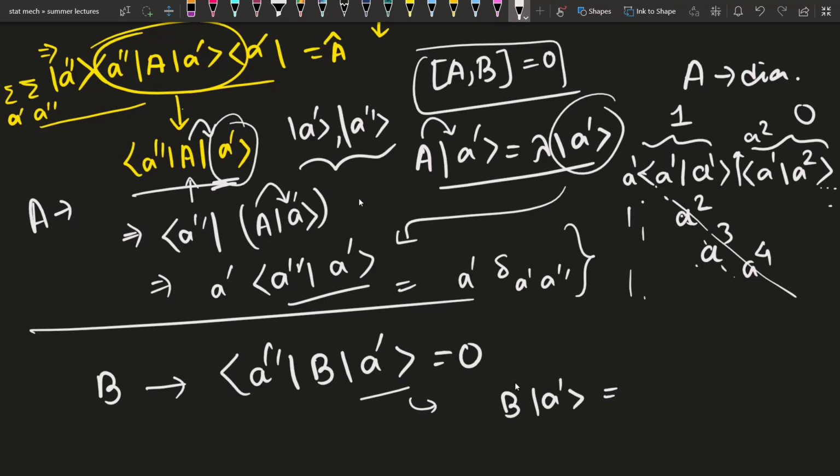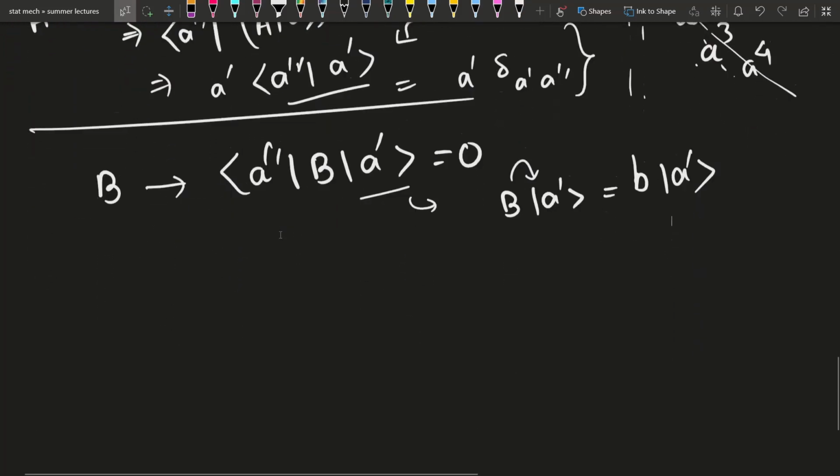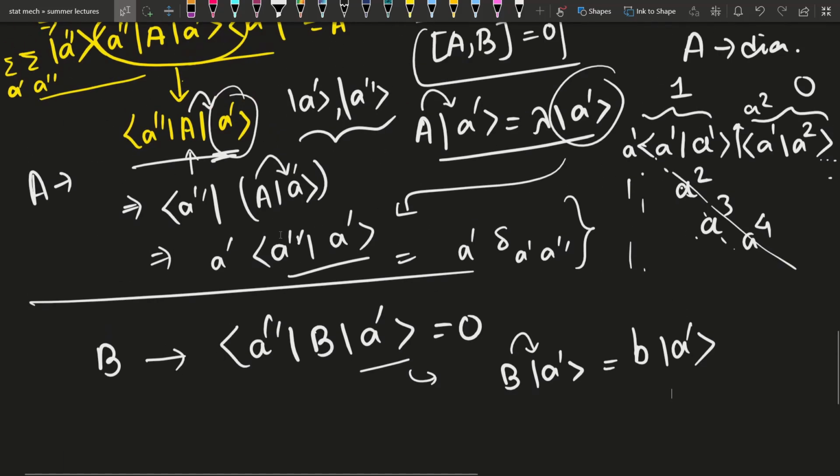That means if we apply the B operator on the A dash eigenvector, then we get back another eigenvalue, like B, and we get back the same eigenket. How this happens, let us understand with the proof of the above statement.